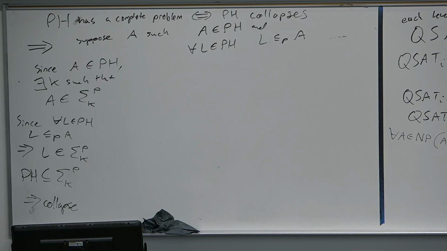If it's complete for the polynomial hierarchy, it's in the polynomial hierarchy, so the whole polynomial hierarchy can be reduced to that level. That's kind of the idea, right?